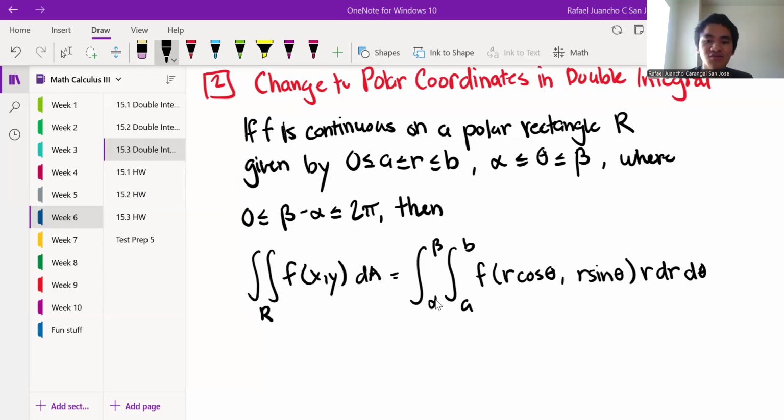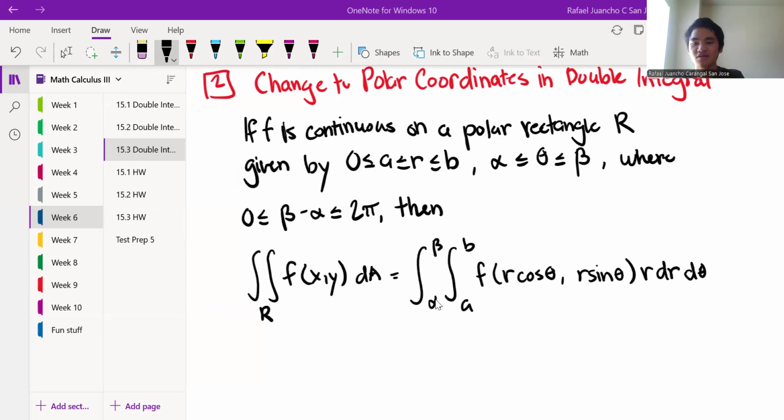Okay, and so the formula says that we convert from rectangular to polar coordinates in a double integral when we say that our x and y are r cosine theta and r sine theta. And we use the appropriate limits of integration for r and theta, right? So for r, we said it's between a and b.